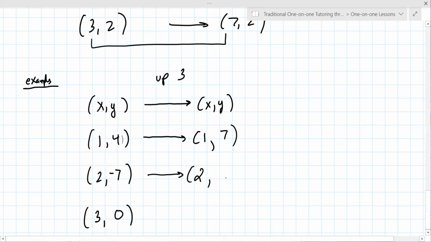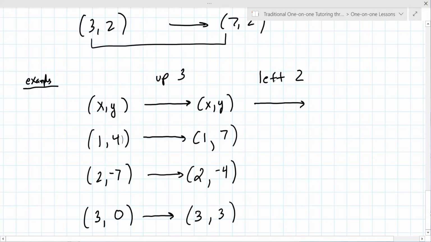Give me the value that goes here, please. -4. Okay, how about here? 3. Okay, yeah.